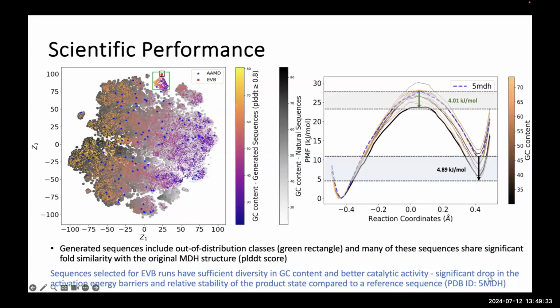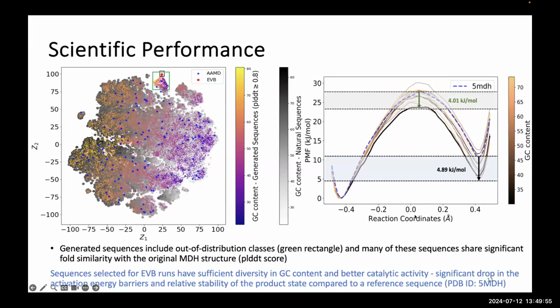With this workflow, what we achieved was, for this particular family of malate dehydrogenase, we were able to identify novel candidates that had a reaction profile much more favorable than a natural MDH sequence. So let me go into the plot a bit more.